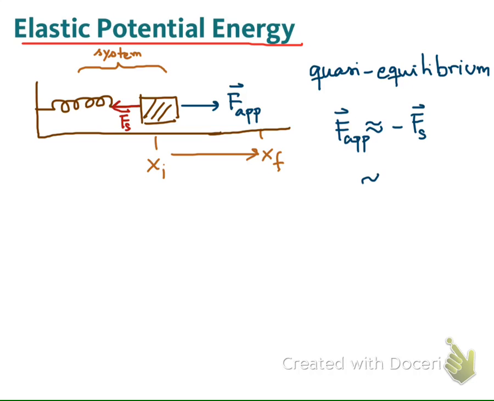So approximately equal to kx, right? As we have done in detail before, the work from the external force is equal to half of k xf squared minus half of k xi squared.